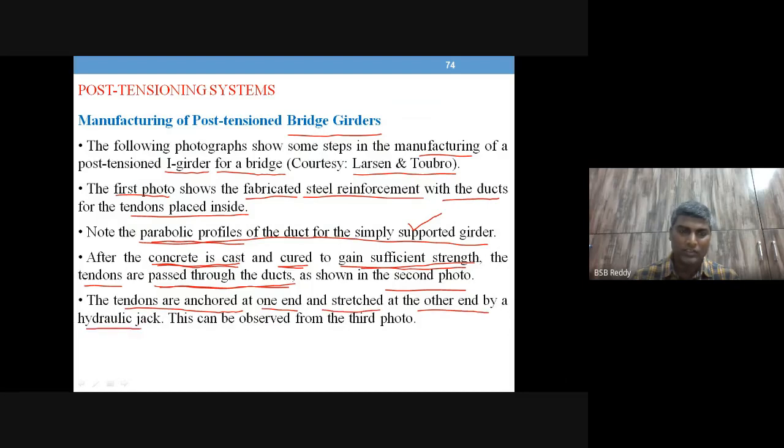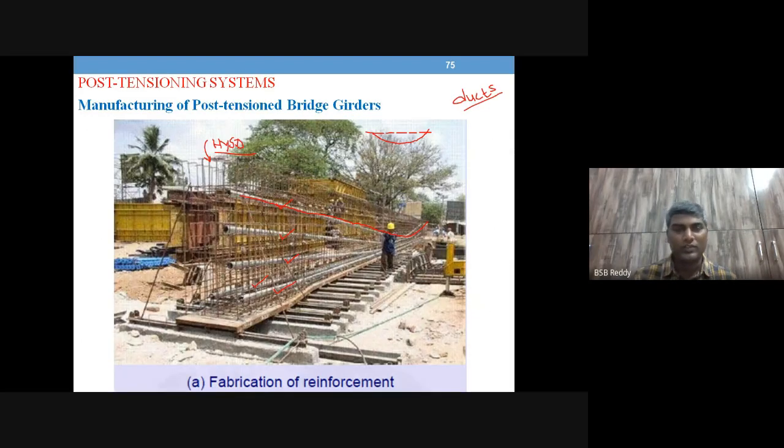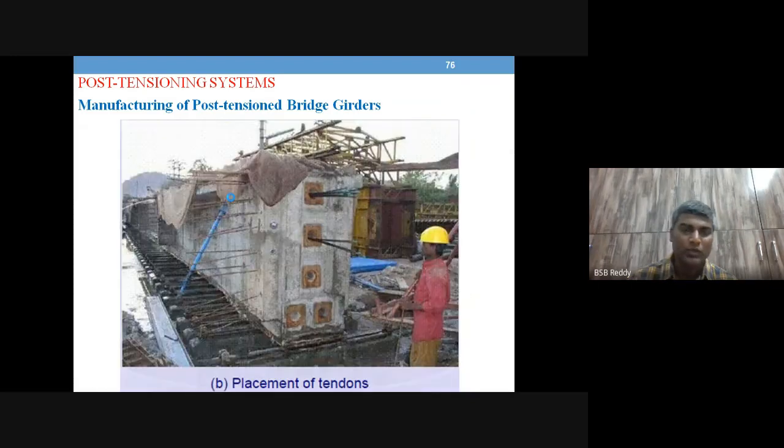by a hydraulic jack. One end of the tendons is anchored by some anchoring device, maybe Freyssinet or a Gifford system, whatever it is. The tendons are taken through these ducts, and at one end we fix the anchoring device.